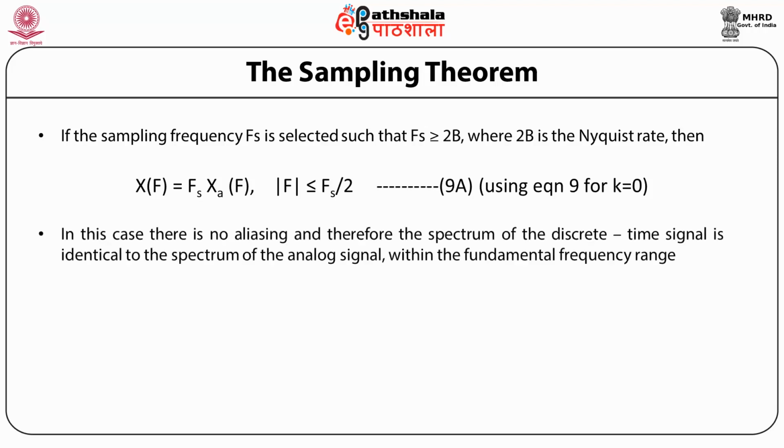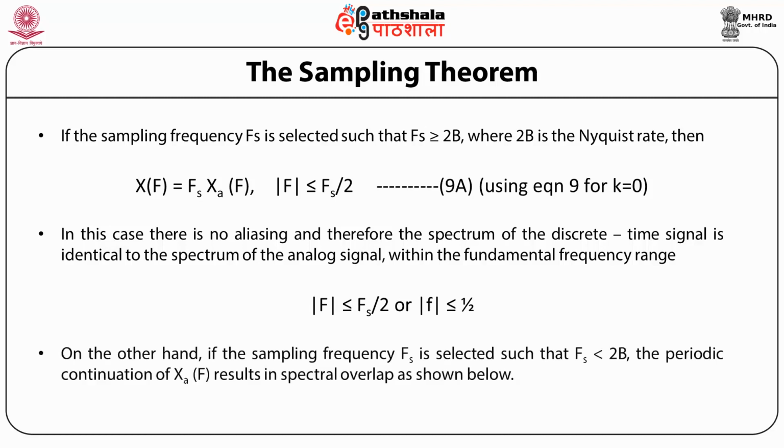So in this case, there is no aliasing, and therefore the spectrum of the discrete time signal is identical to the spectrum of the analog signal within the fundamental frequency range, that is modulus of F less than or equal to fs by 2 or modulus of small f less than or equal to half.